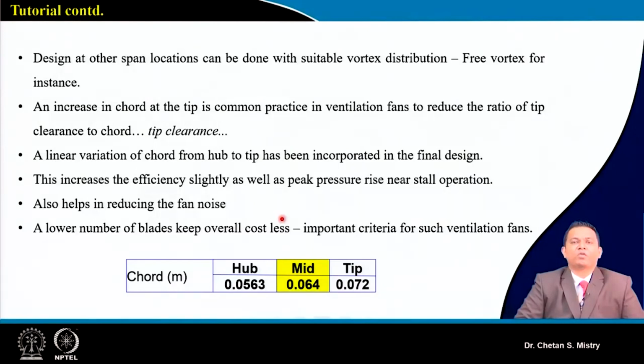For this design, we have taken a linear variation of chord from hub to tip region in the final design. This will give good efficiency as well as peak pressure rise near the stall operation. This also will help in reducing the noise, which is a main need.